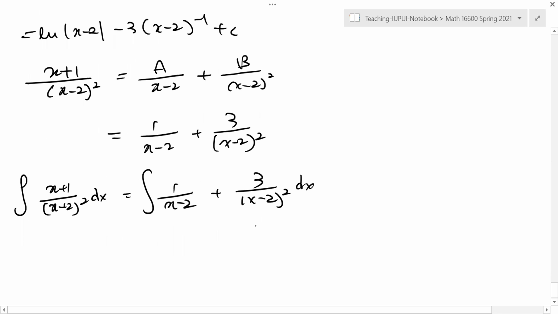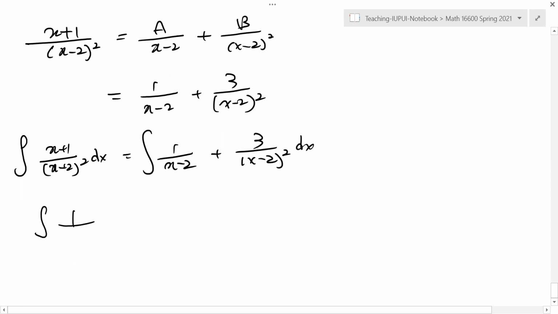So how do you evaluate the second integral? Remember, after you use a substitution, this is going to be an absolute value, plus constant.